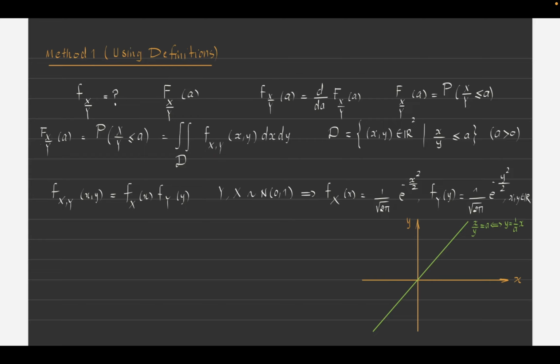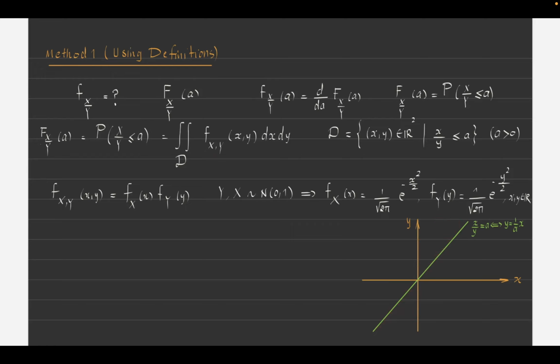Okay, but now the point is that here we are interested to know x over y is less than or equal to a. So that's the line where x over y is indeed equal to a. But if I want x over y less than a, then I have two regions. One part will be this one, and the other part will be this one. Convincing yourself of this is not hard.